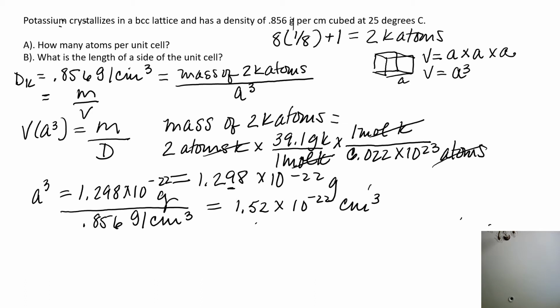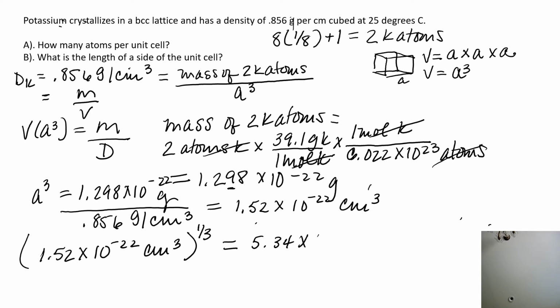Remember, edge length is A, so we need to take the cube root of A cubed. So 1.52 times 10 to the negative 22 centimeters cubed, and we're going to raise that to the 1/3. And A then equals 5.34 times 10 to the negative 8 centimeters.